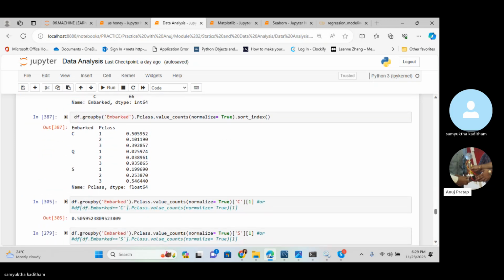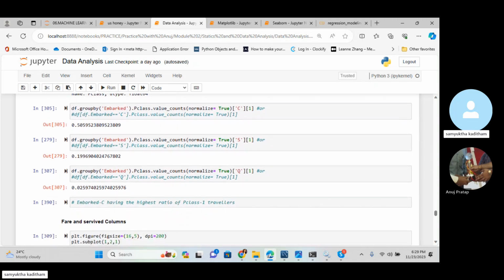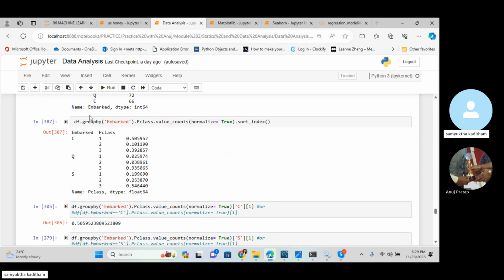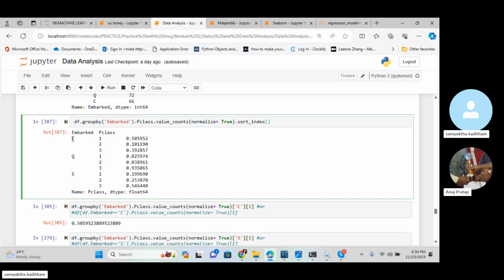Here we are taking them separately. We did group by embarked, then we counted the Pclass, then we selected only C and class 1. It gives C with three classes of people, Q with three classes, S with three classes.